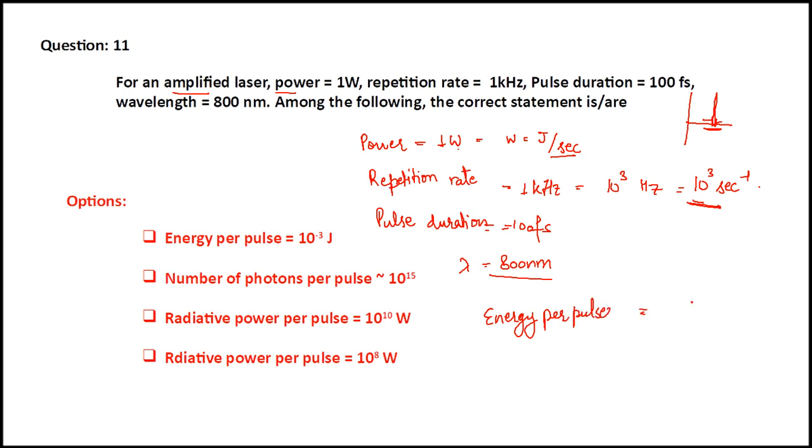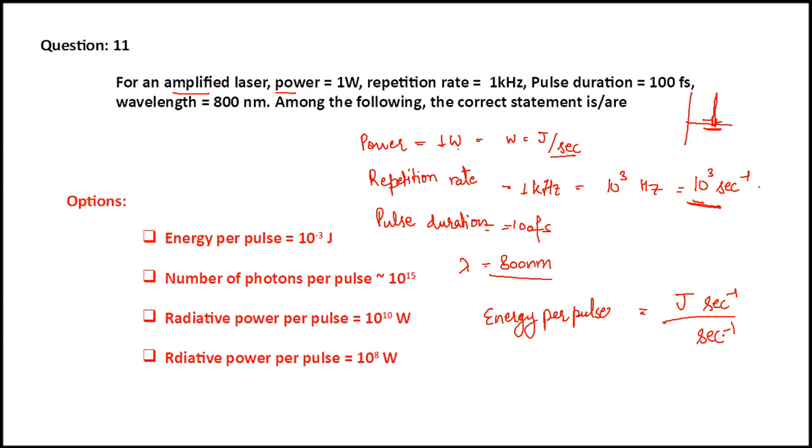Energy per pulse, so energy is in terms of joules. What if I write the power, that is in joule per second, and then the repetition rate, how many pulses, 10 to the power 3 pulses per second.